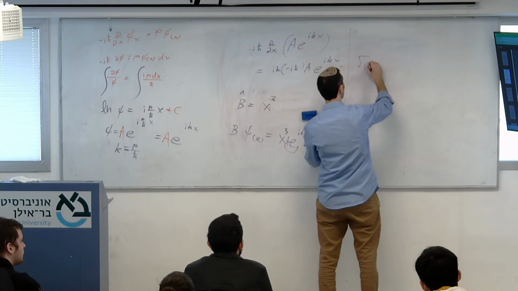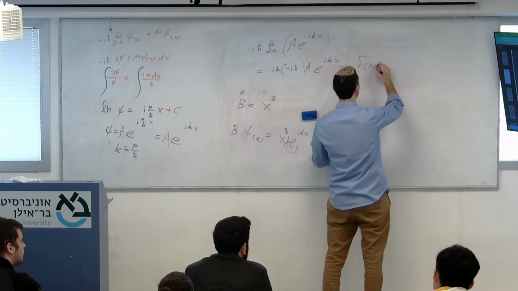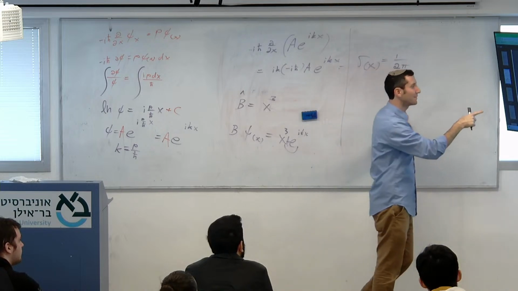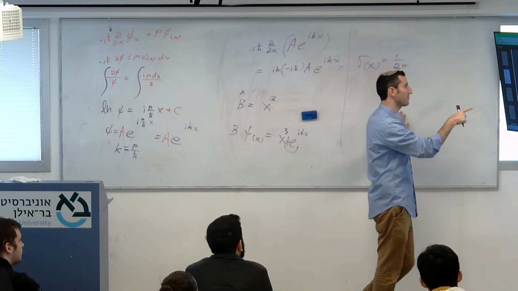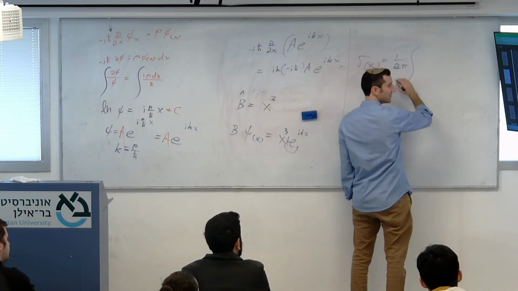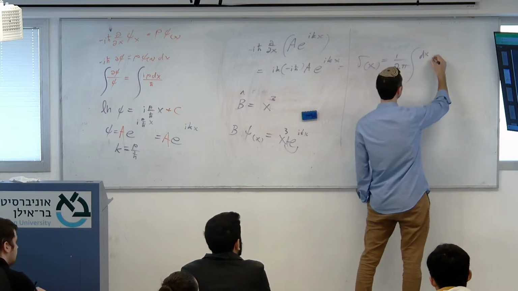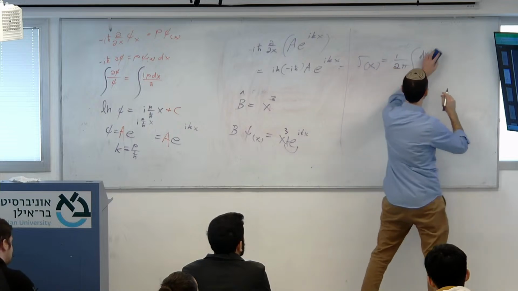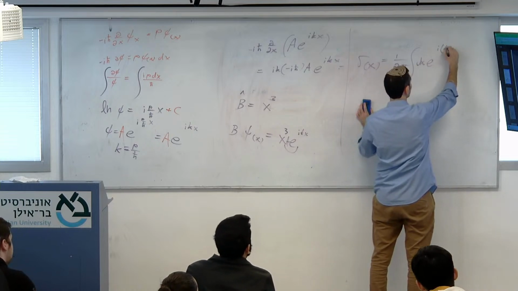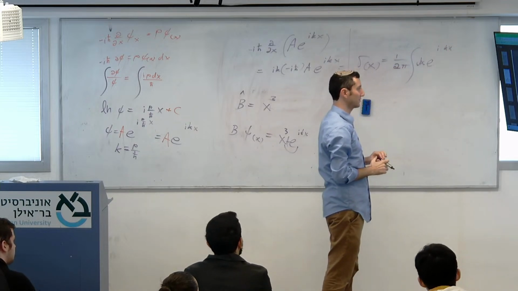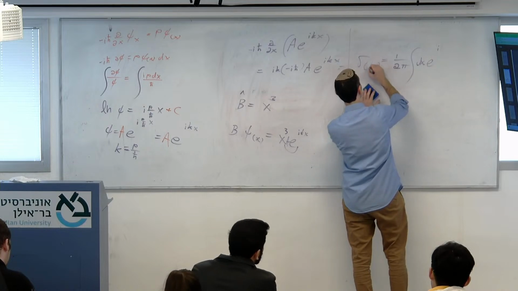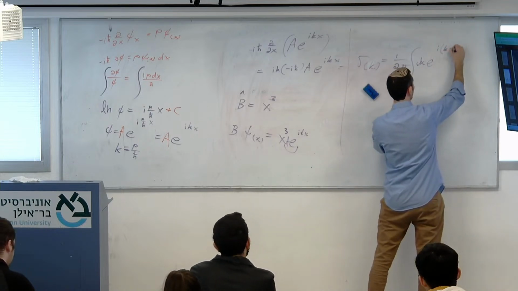Delta of x is 1 over 2 pi times the integral from minus infinity to infinity of dx e to the ikx. I can write it even like that: delta of k minus k prime equals 1 over 2 pi integral dx e to the i(k minus k prime)x.